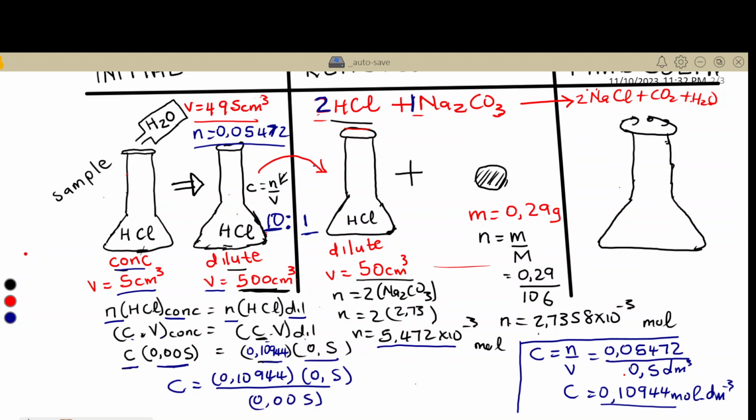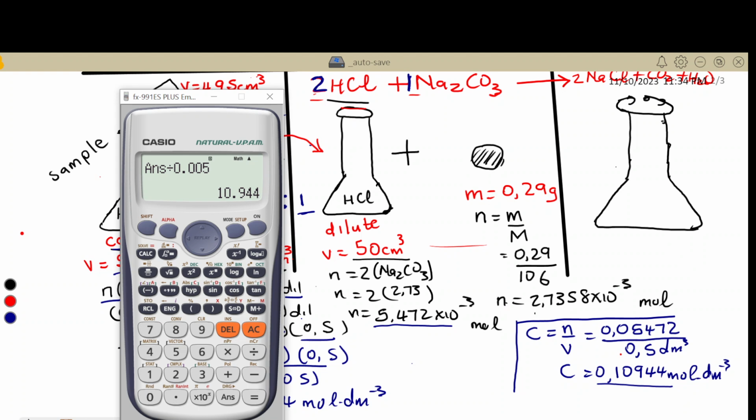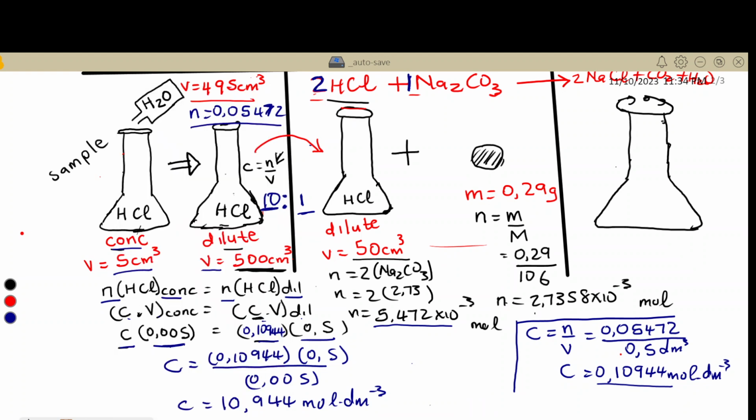So let's find this concentration. Okay, so the concentration for the concentrated is 10.944 according to the calculator. Yeah, 10.944 mole per dm cubed. This is the concentration of the concentrated HCl.